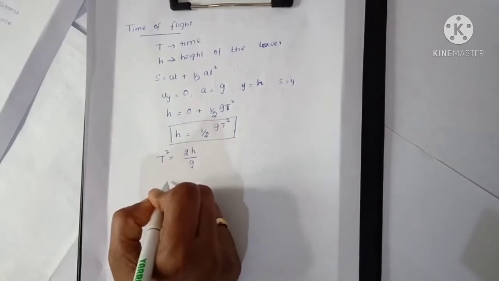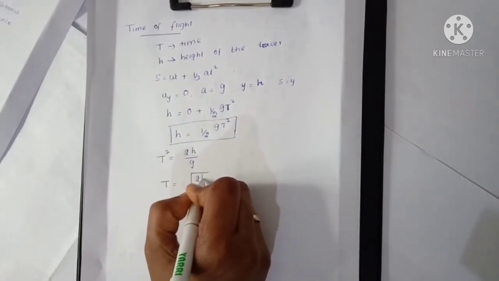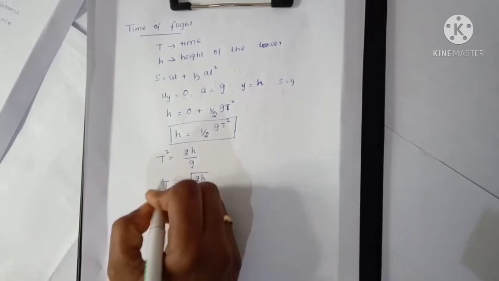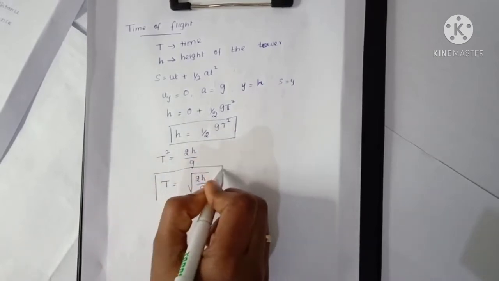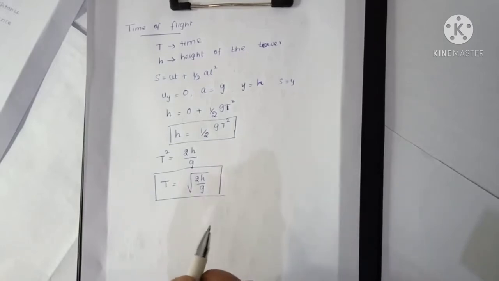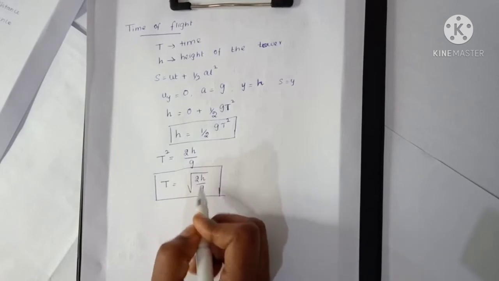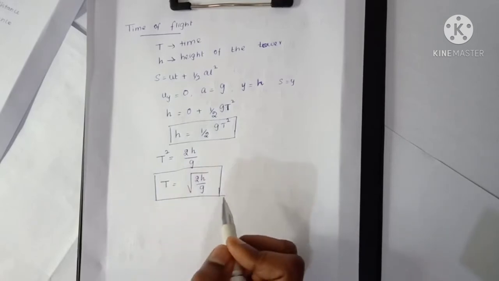So T is equal to the square root of 2h divided by g. This is the time of flight, that is the time taken by the projectile to hit the ground.